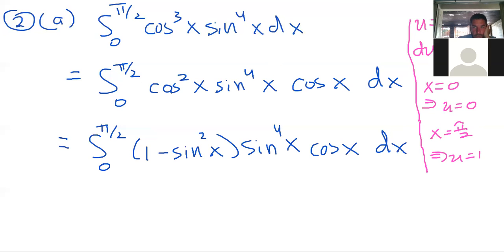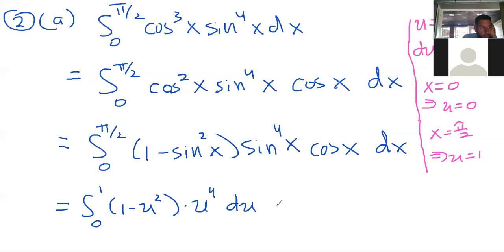So when I do this change of variable, this substitution, this reduces to the integral from 0 to 1 of 1 minus u squared times u to the 4th du, which is now a very elementary integral.